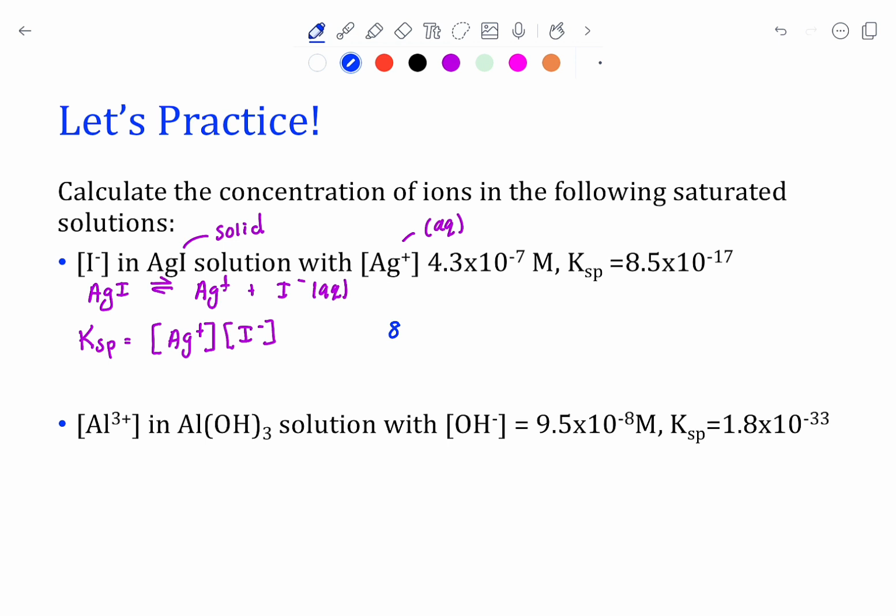So we know KSP is 8.5 times 10 to the minus 17, and that's equal to our silver concentration, which is 4.3 times 10 to the minus 7, multiplied by our concentration of I−. So let's grab our calculator so that we can solve for that concentration together.